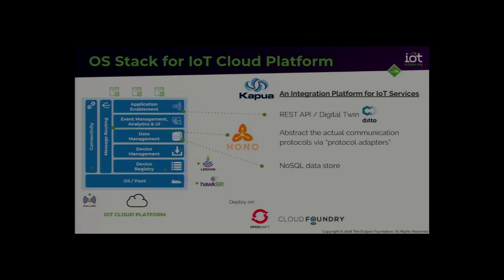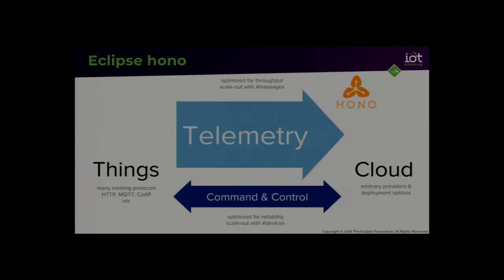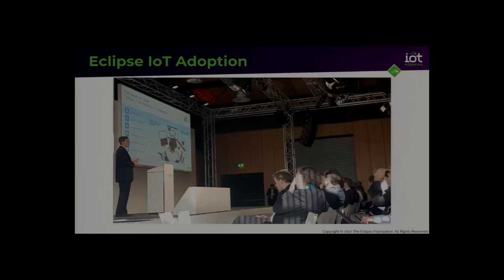In which case the connectivity layer will actually be Eclipse Hono, which is basically a generic infrastructure for ingesting data coming from MQTT devices, CoAP devices, and whatnot, and making sure that you have a consistent API so that you can consume the telemetry data without having to bother about the protocol initially being used. So that's what we do.